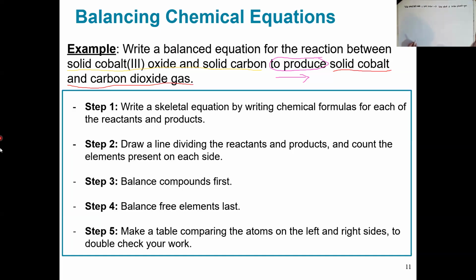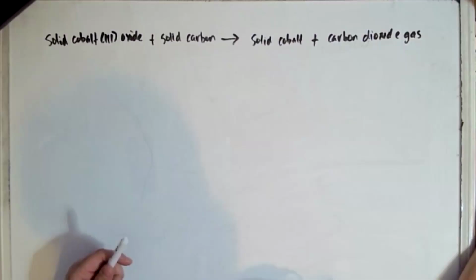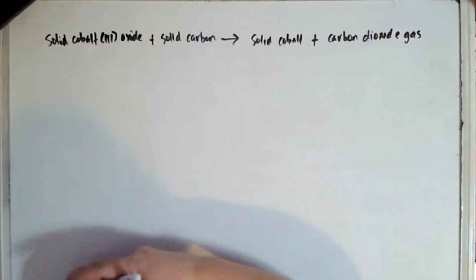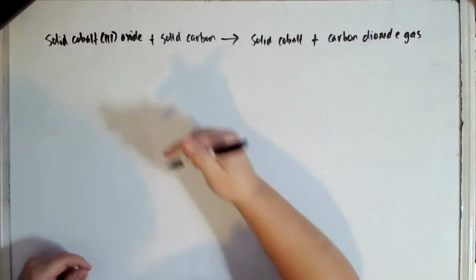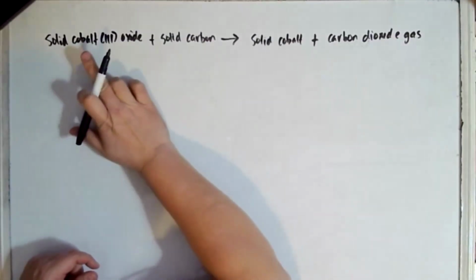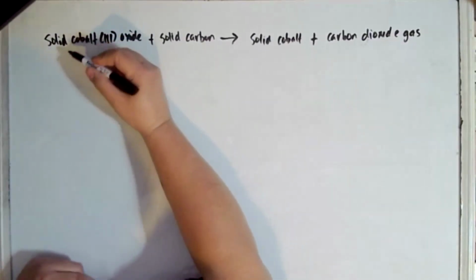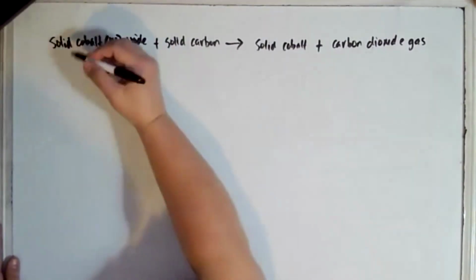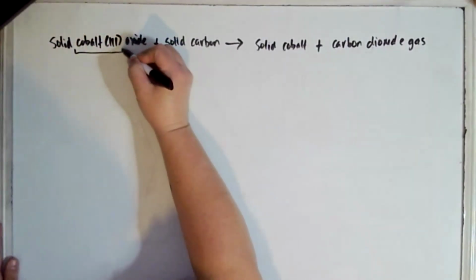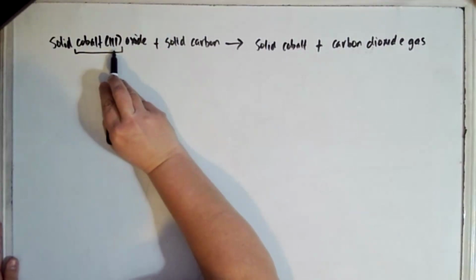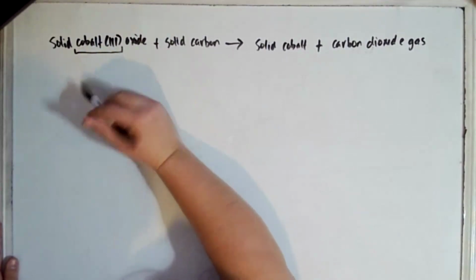All right, so let's stop sharing that screen so that we can look at the names for these things here. So when we look at the first name, solid cobalt 3 oxide, we're going to recognize that they've given us the name and the charge of a metal, right?